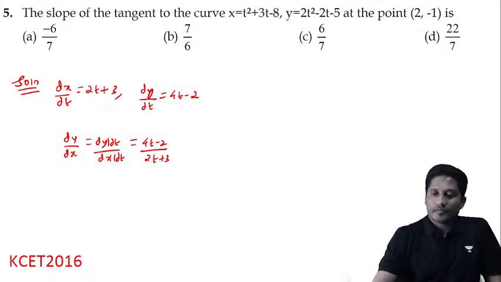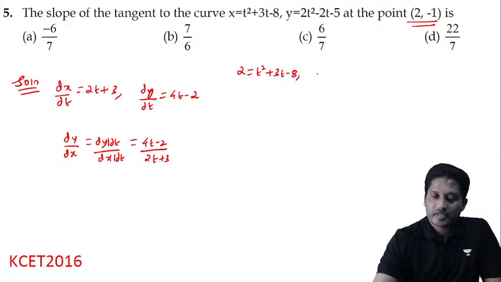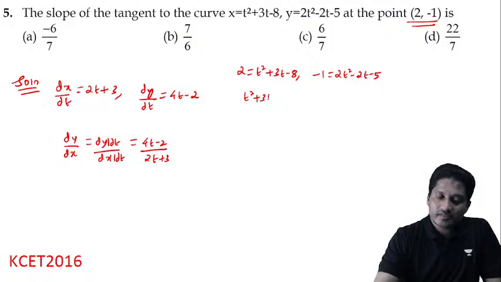It's given in the question, point is 2 comma minus 1, right? If I substitute point here, you get 2 is equal to t square plus 3t minus 8. If I substitute here, minus 1 is equal to 2t square minus 2t minus 5. This can be written as t square plus 3t minus 10 equal to 0.